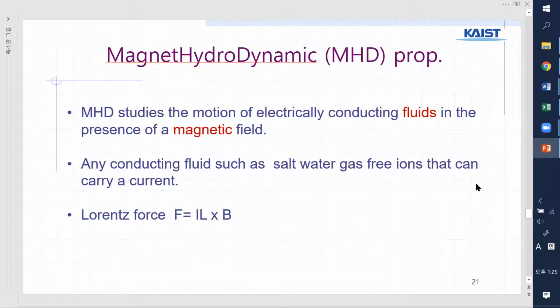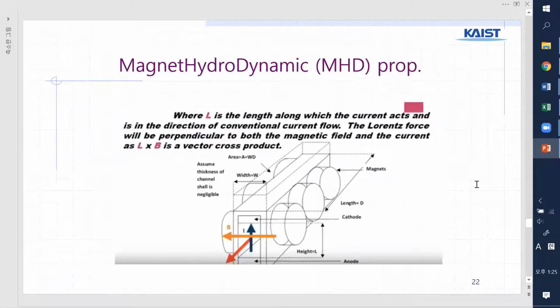Anyway, they use electric energy. So the MHD propeller is not popular yet, but people are working on research to develop this one. And Japan actually has a pilot propeller and ship that use MHD.